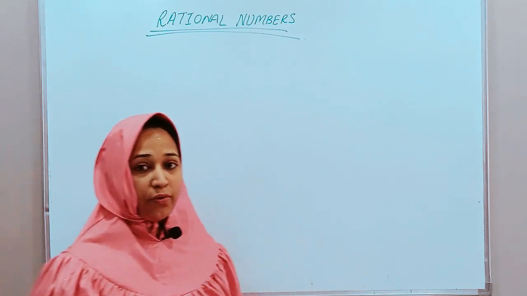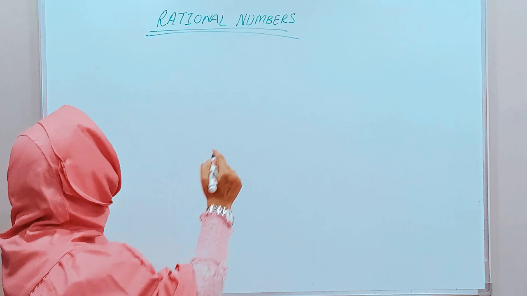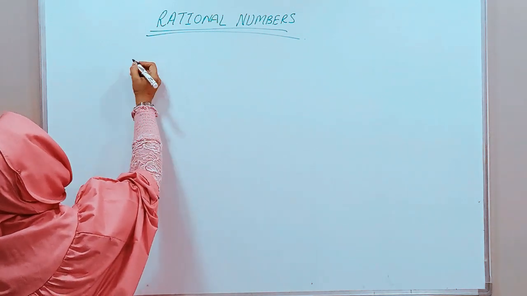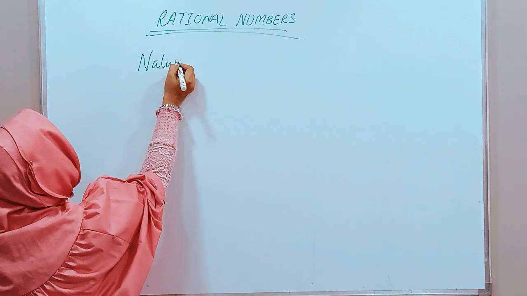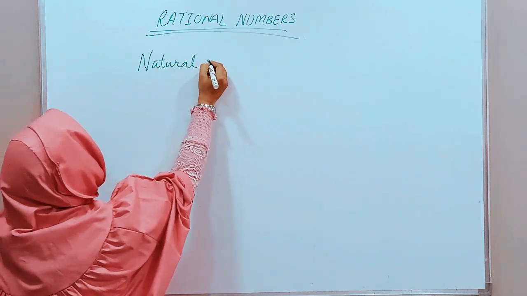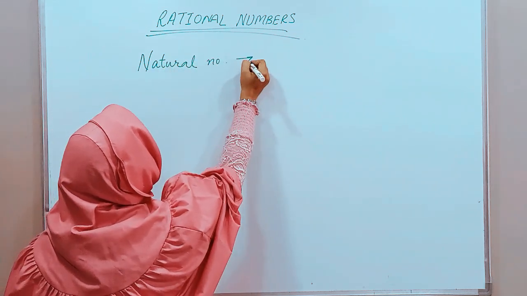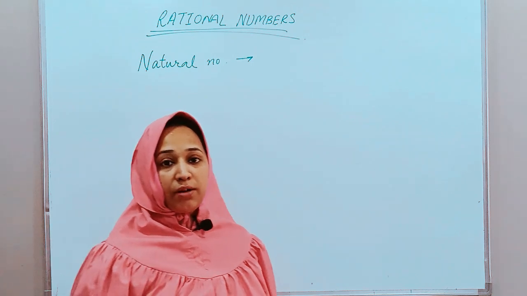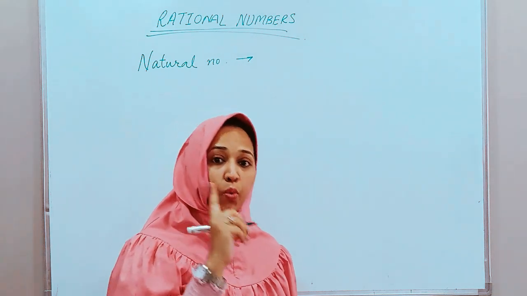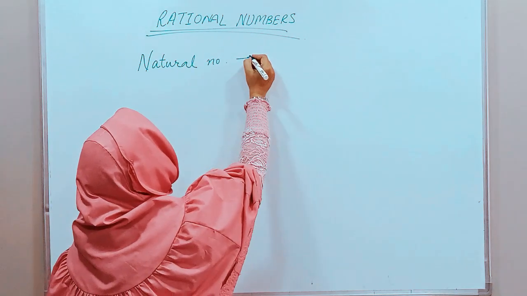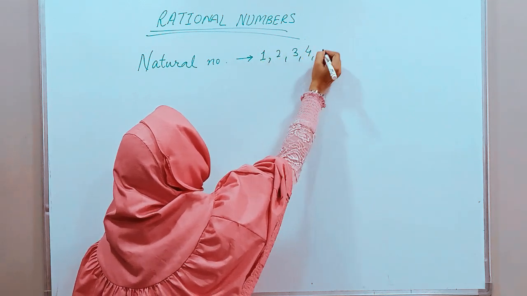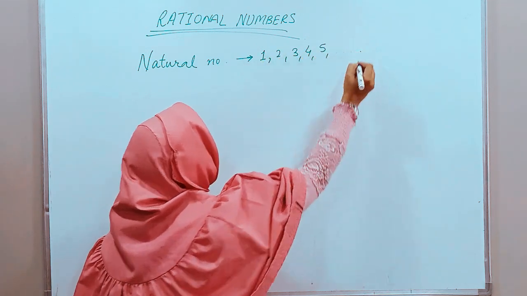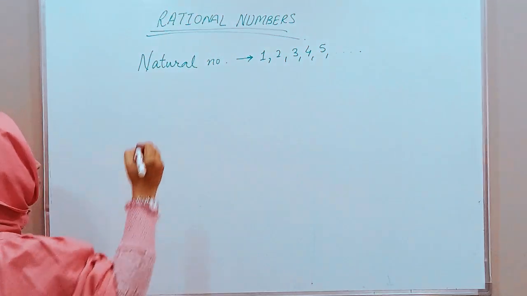Okay, so it's a quick repetition of what is a natural number. When we talk about natural numbers, all the numbers which start with 1, means 1, 2, 3, 4, 5 and so on, are natural numbers.